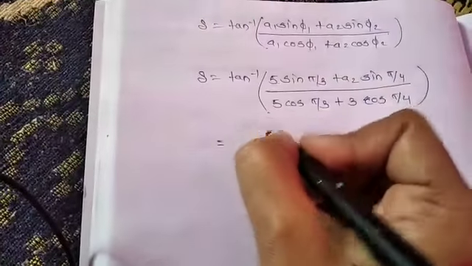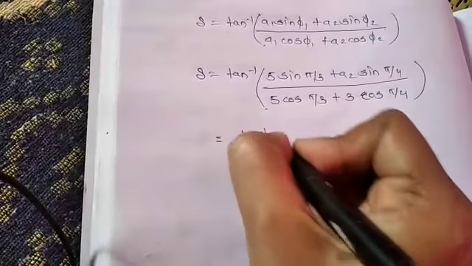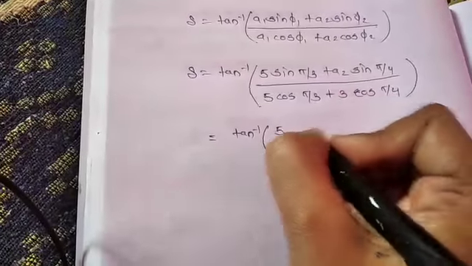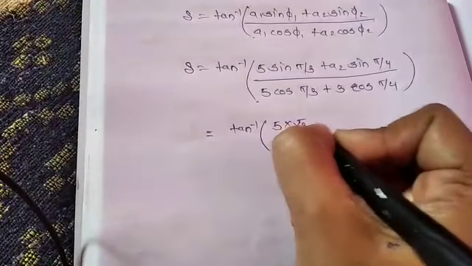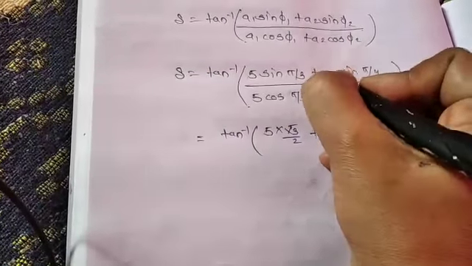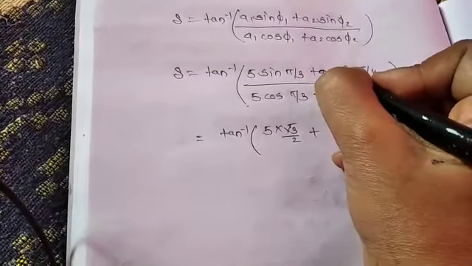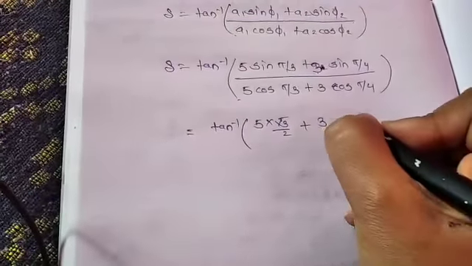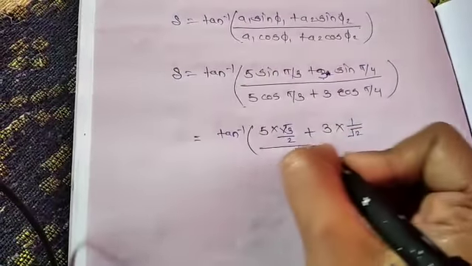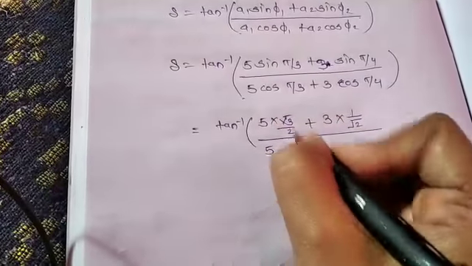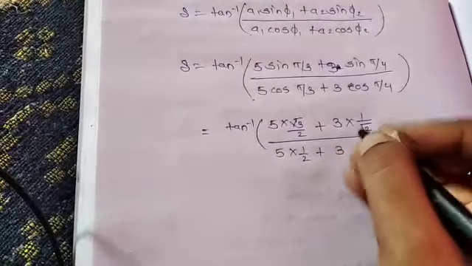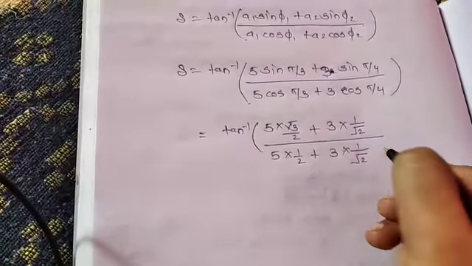Simplifying, it is tan inverse of 5 times sin pi by 3, which is root 3 by 2, plus 3 times sin pi by 4, which is 1 by root 2, divided by 5 times cos pi by 3, which is 1 by 2, plus 3 cos of pi by 4, again 1 by root 2.